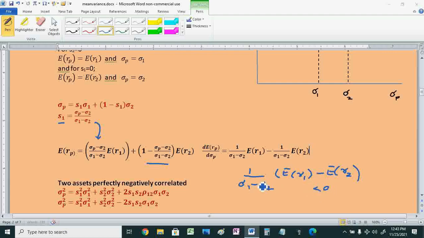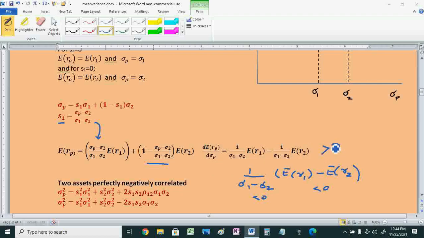Side by side, see that sigma 2 has been assumed to be greater than sigma 1, so this means that this is also less than 0, and so we have that the derivative of the expected return on portfolio equation with respect to the portfolio standard deviation is greater than 0.